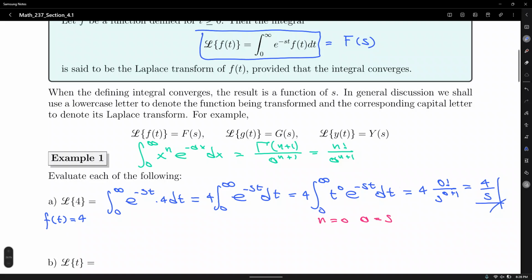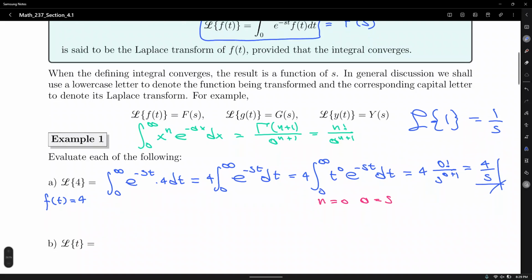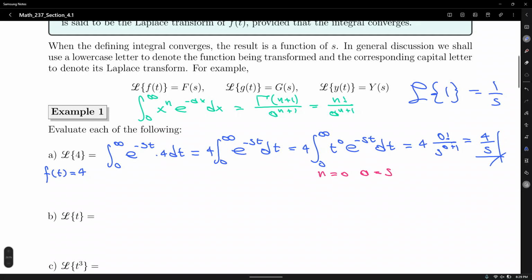That means the Laplace transform of 5 would be 5 over s. The Laplace transform of 1 would be 1 over s. The Laplace transform of any number, whether an integer, a rational, an irrational, etc., is that number over s.